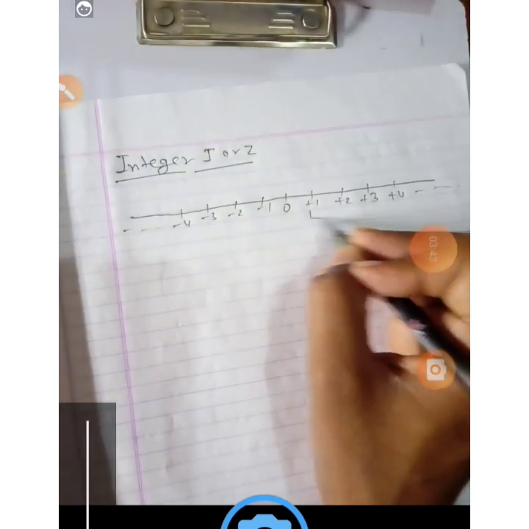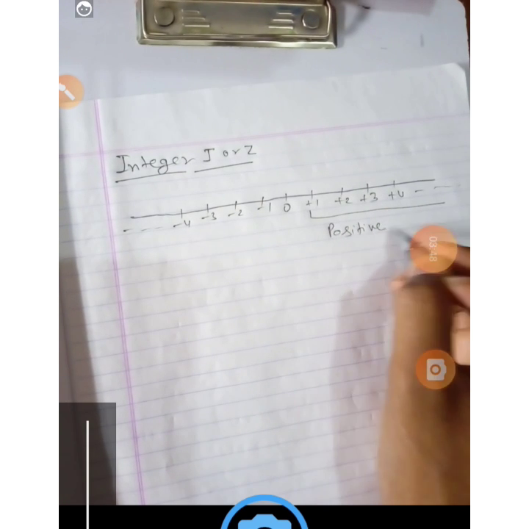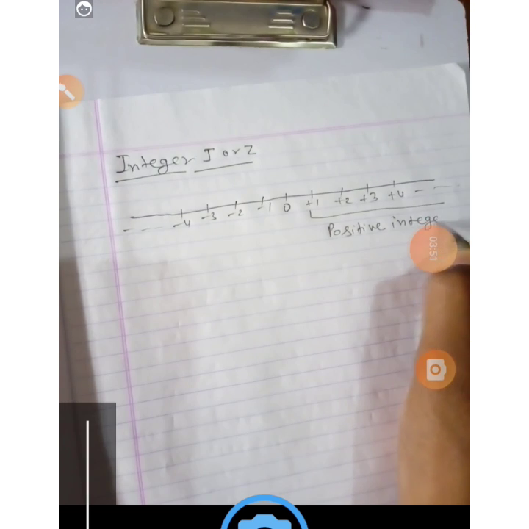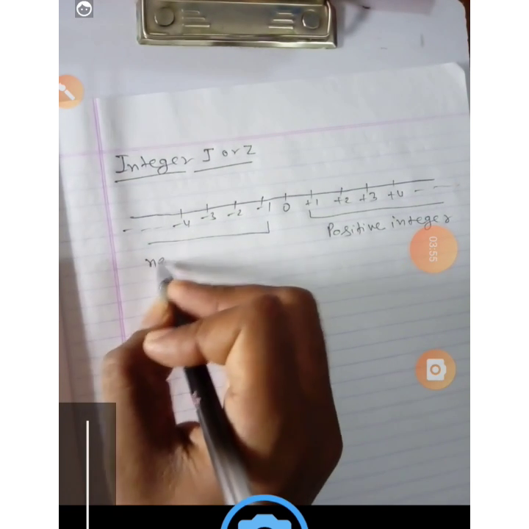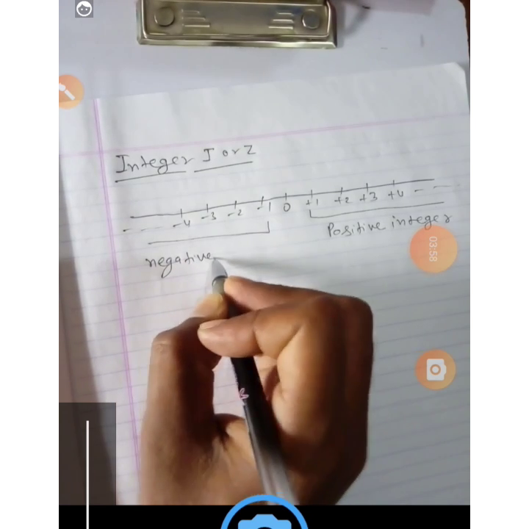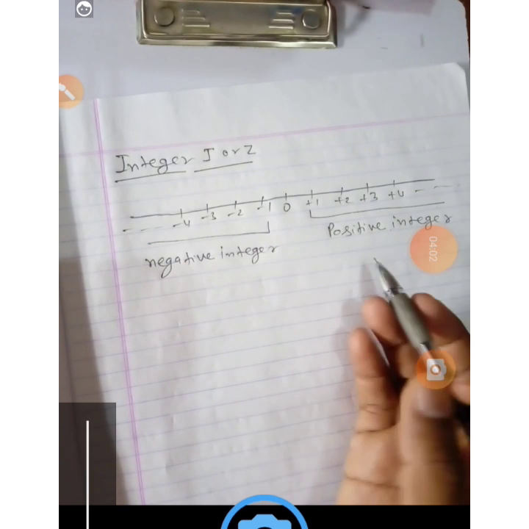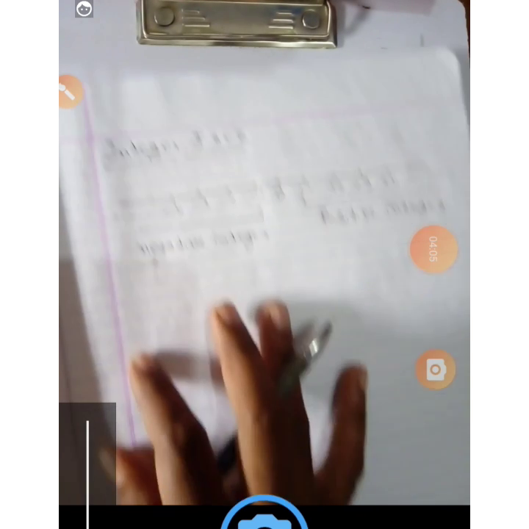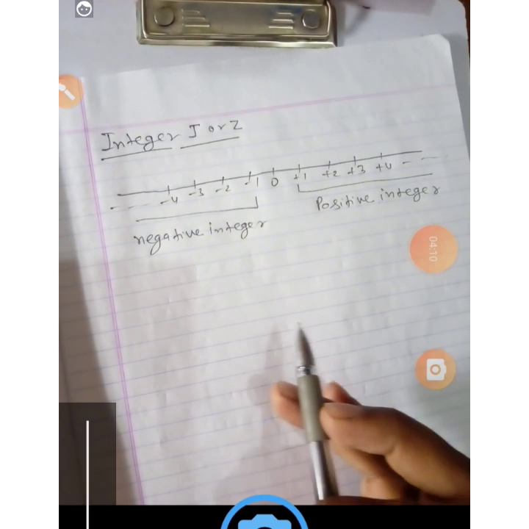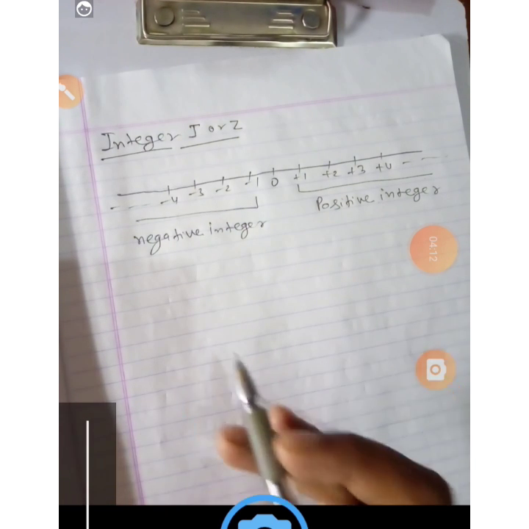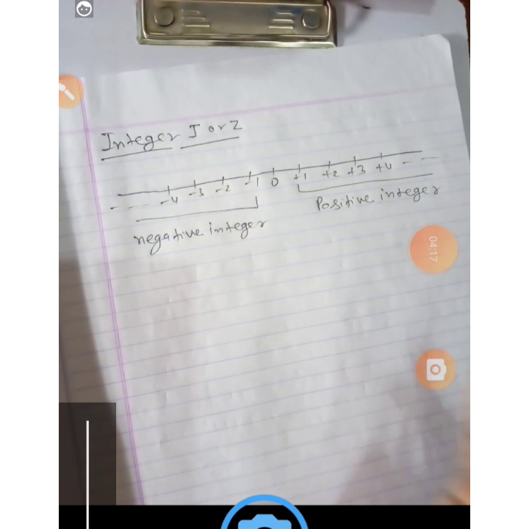These are positive numbers, called positive integers, and these are negative numbers, called negative integers. And 0 is neither negative nor positive. So this is the definition of a rational number: a rational number is of the form p by q, where q is not equal to 0, and p and q both are integers.